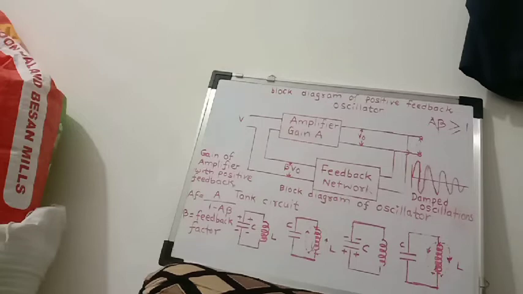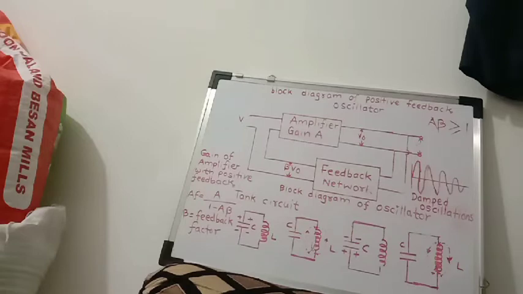So the feedback should be positive, and the total phase shift from the input terminal through the amplifier and the feedback network back to the input terminal should be 0 or 2 pi.